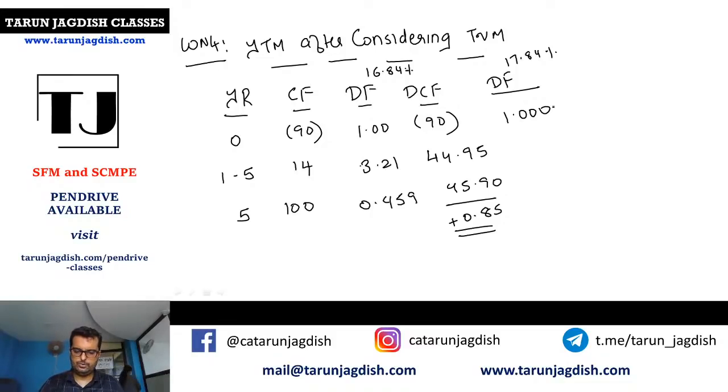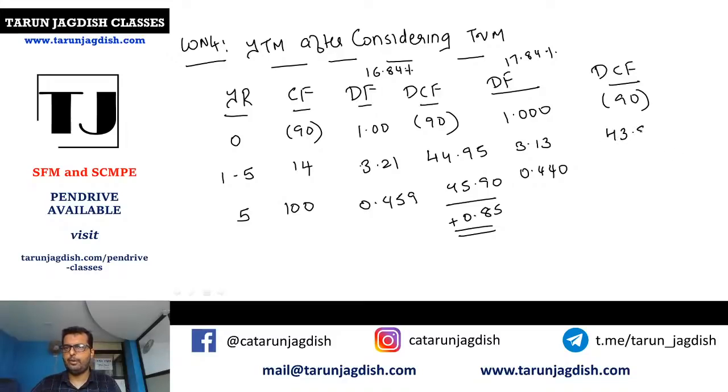Year 5 will be 0.440 that will come over here, and it will be 3.13 which comes over here. From this I'll find out the discounted cash flow, that will be minus 90. 14 into 3.13, that is 43.82, and the last one will be 44. So I'll get the answer over here as 43.82 plus 44 minus 90. I'll get the answer as minus 2.18.